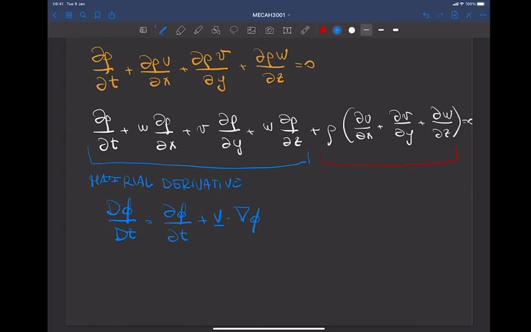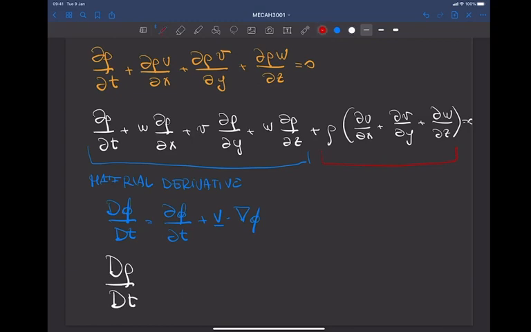And so you see that this is exactly what we have up here. Okay, so this first term is nothing but the total derivative of density. Okay, so it's d rho over dt.